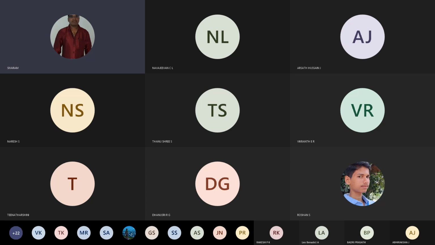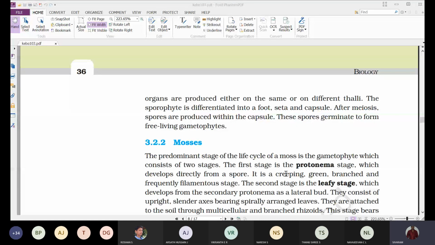The fusion occurs between the male and female gamete and results in the formation of a diploid zygote, and this zygote will develop into a sporophyte. The sporophyte is differentiated into three parts: a foot, seta, and a capsule.